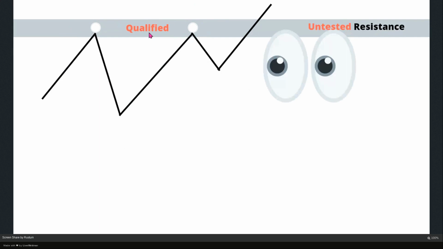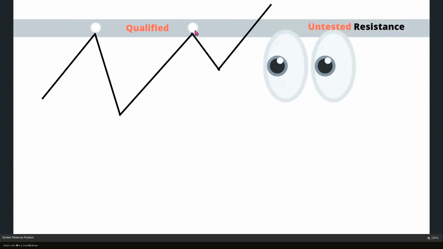So now that we know this area is qualified, what makes it an untested level? So we have it, price comes up to the level, so we might be able to trade now, yeah?